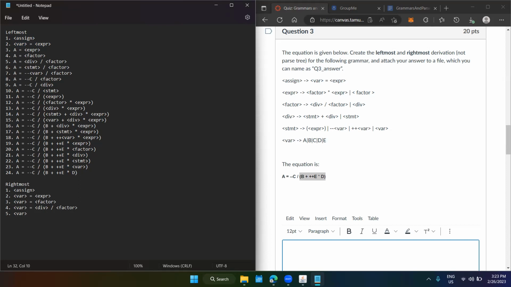R equals. I'm gonna copy and paste this. Div divided by. Then factor points to div, I believe, because we're trying to get to parentheses. Div divided by div points to statement.